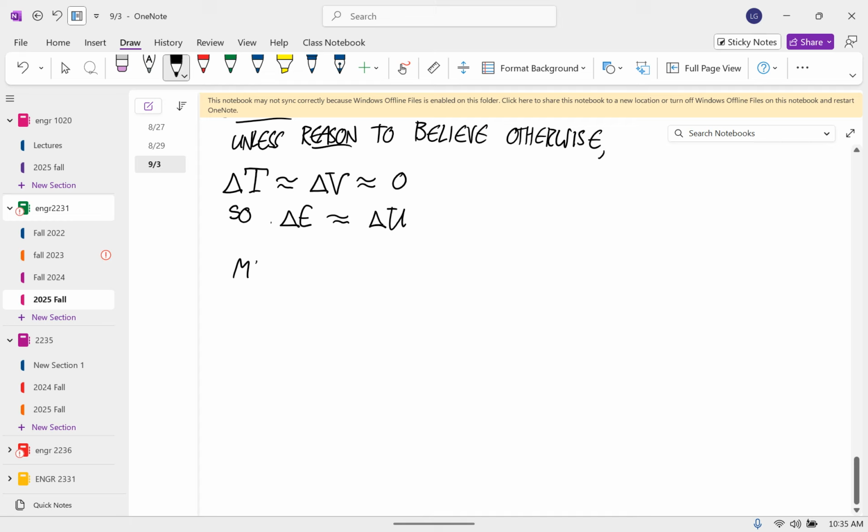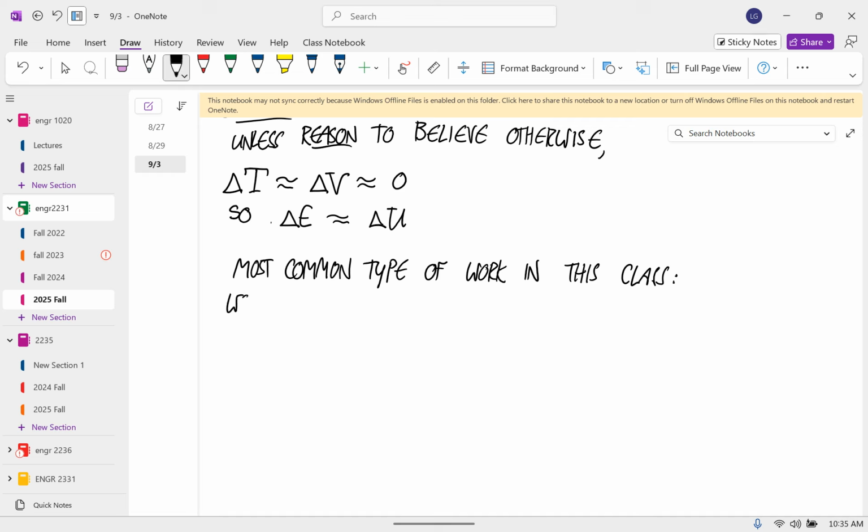The most common type of work in this class is the work of expansion.